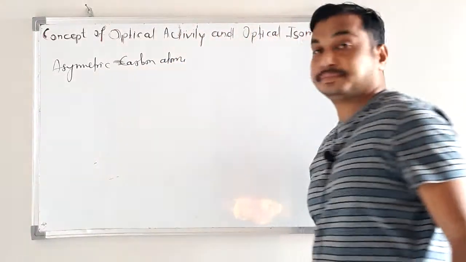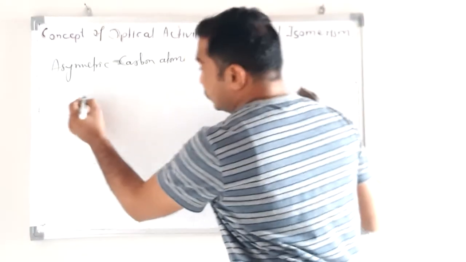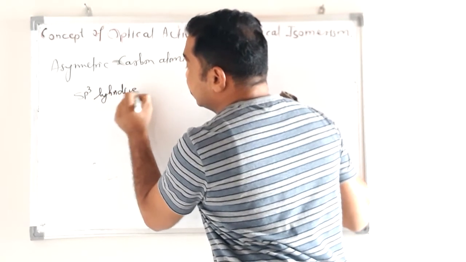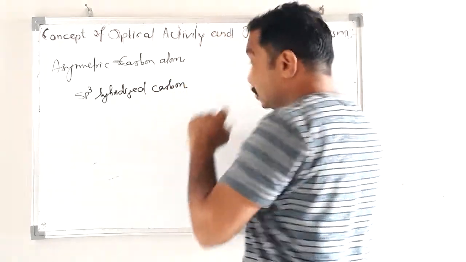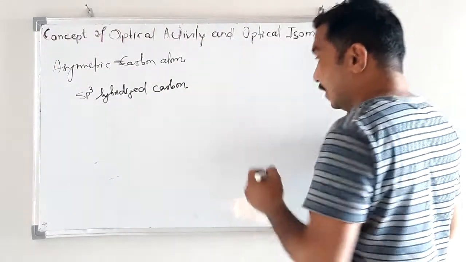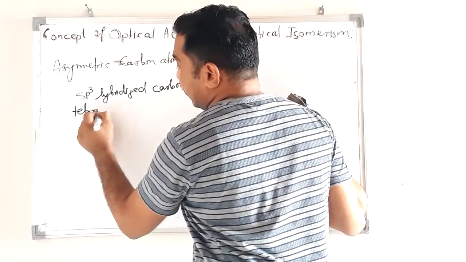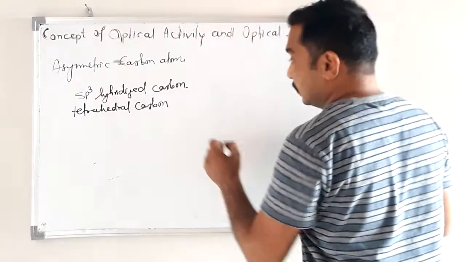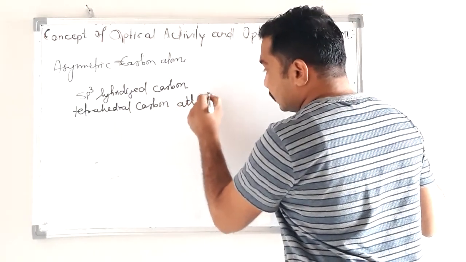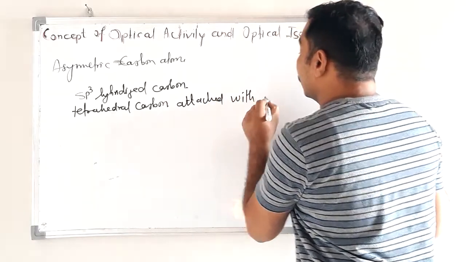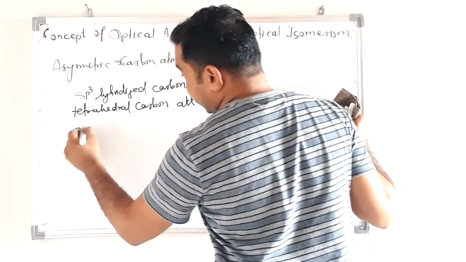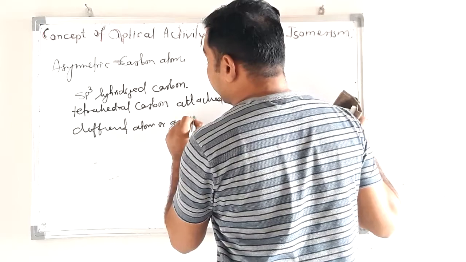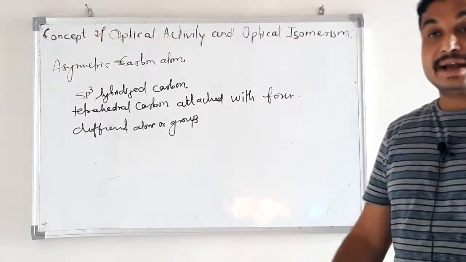Asymmetric carbon atom means an sp3 hybridized carbon. sp3 hybridized carbon means tetrahedral carbon, attached with 4 different atoms or groups.